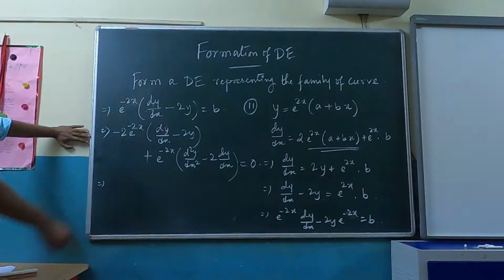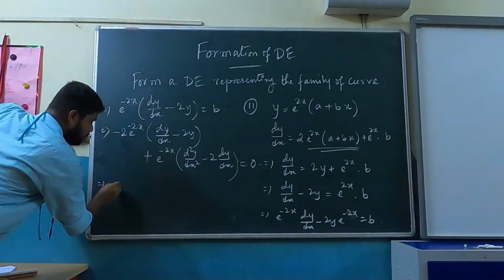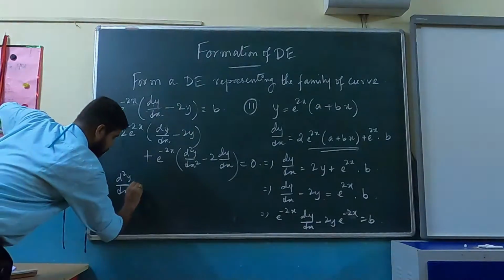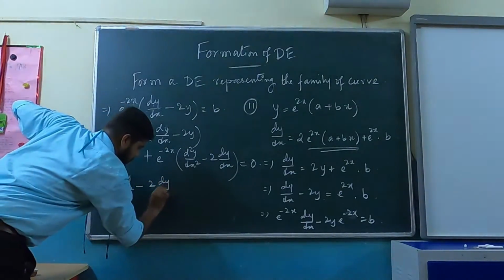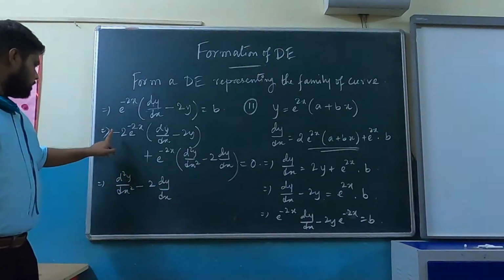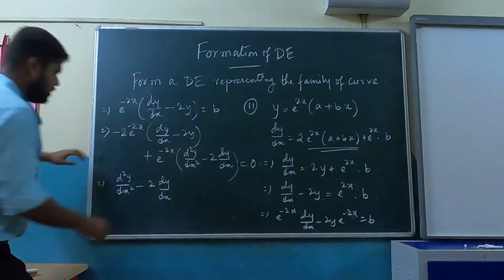So now let me just write everything once again, taking this e to the power minus 2x on the other side. So I am left with minus 2 dy by dx from here, and then this minus 2 dy by dx.